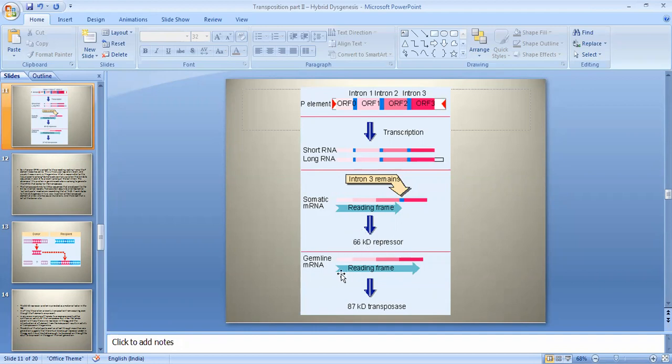Now, in germline mRNA, you see this third intron has been spliced, and the whole reading frame is translated. Therefore, in germline, this 87 kilodalton bigger protein is produced, which is transposase, and therefore P elements get activated.